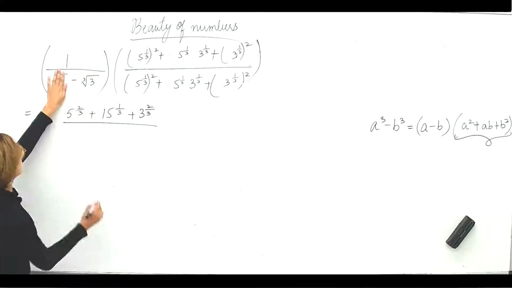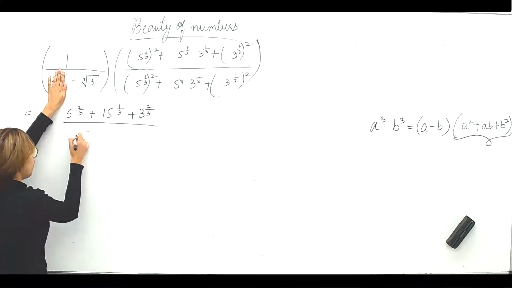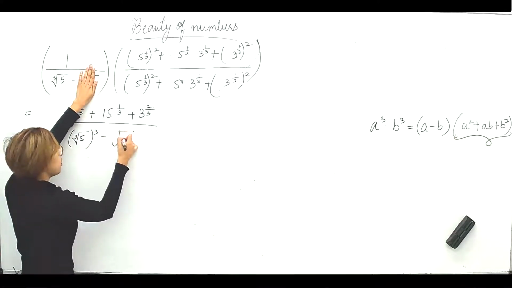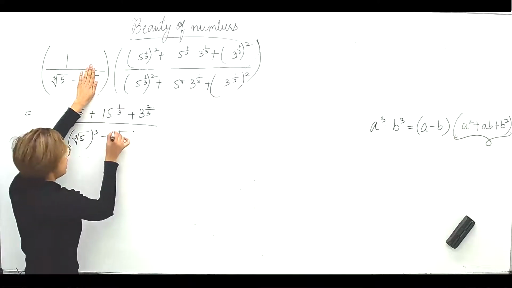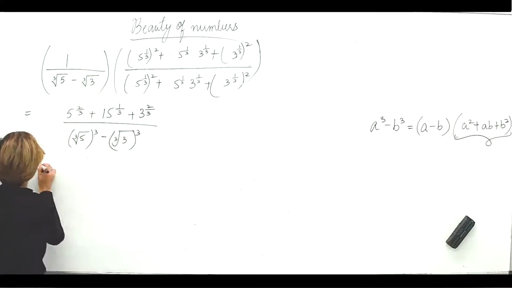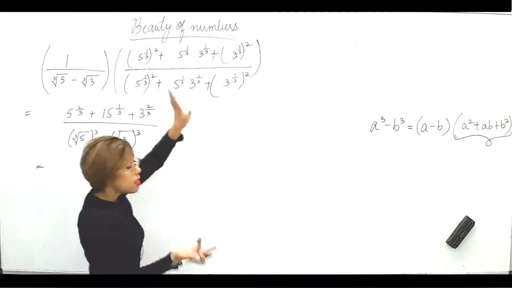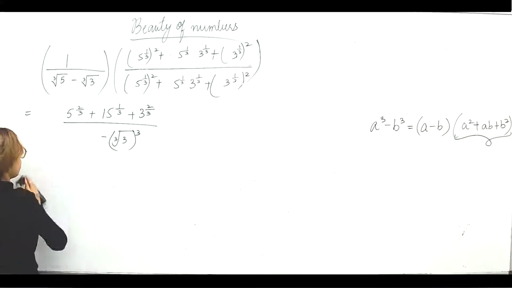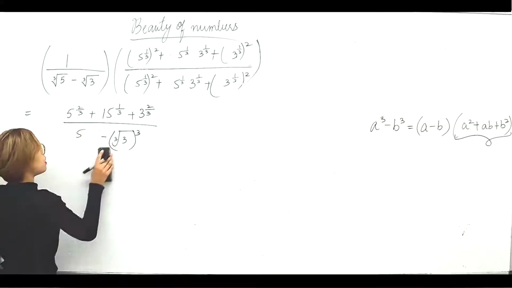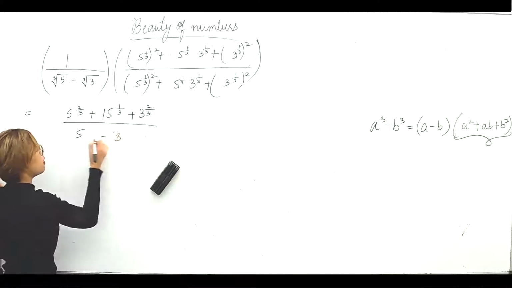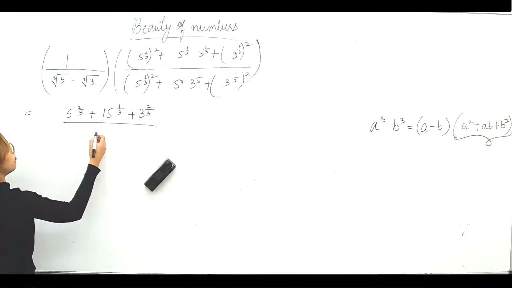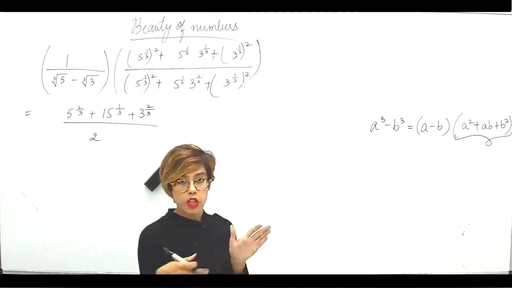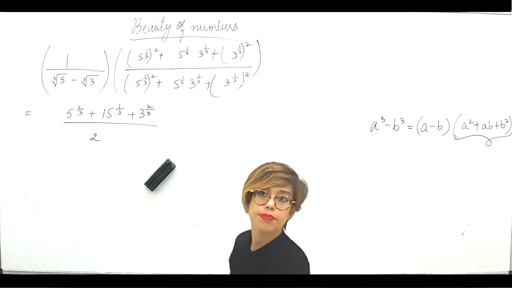So a is this, so cube root of 5 का whole cube minus b cube. B is this, so cube root 3 का whole cube. Right? So this becomes 5 and this becomes 3. So this is nothing but 2. That's it. You have rationalized the denominator.